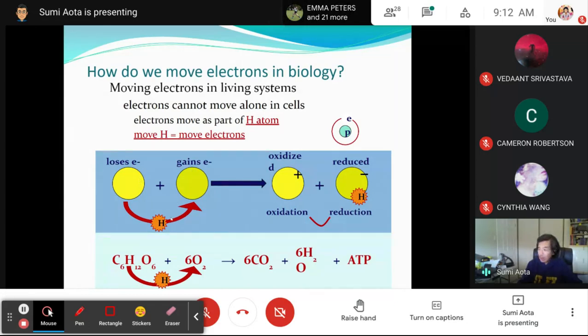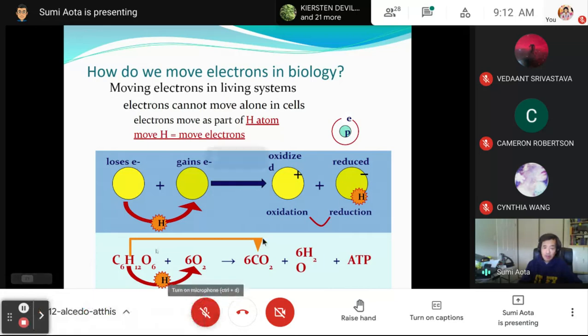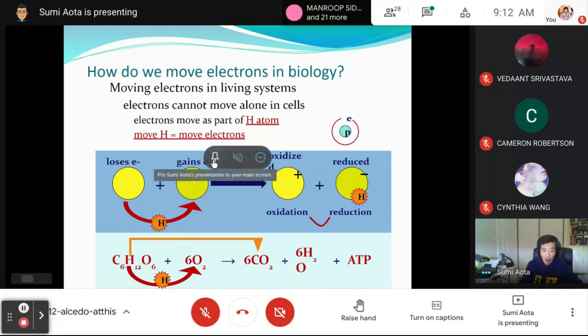So in biology, a redox reaction is shown by the movement of hydrogens, usually pairs of hydrogens, H2s. If you look at this bottom equation for cellular respiration, what have we done? We've moved the hydrogens off glucose.